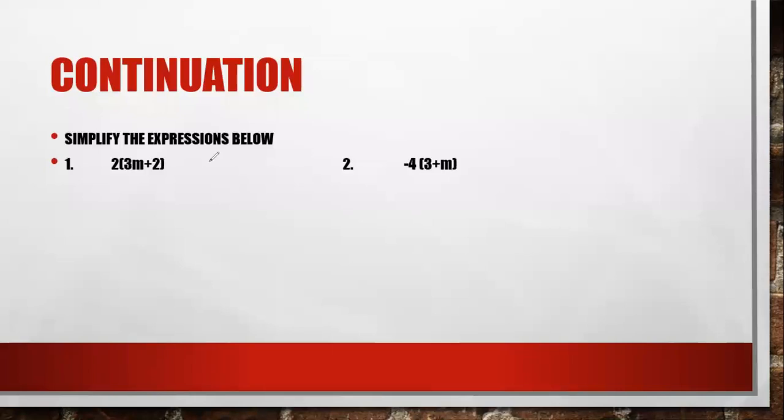Good afternoon, members. I'm doing number 1. Okay. They have told us to simplify the expressions below. So number 1 goes, it's 2 bracket 3m plus 2. So we are going to open the brackets by multiplying the numbers inside by 2.